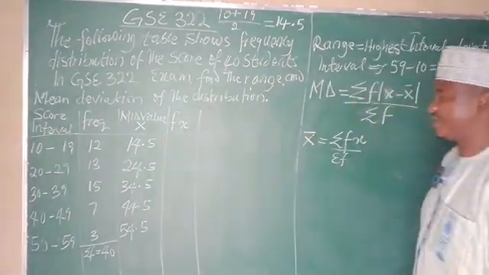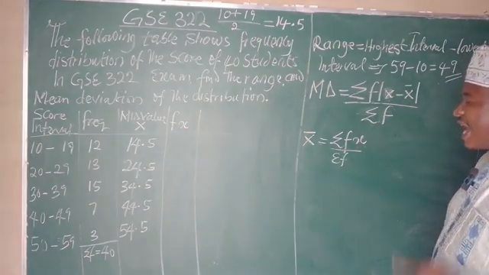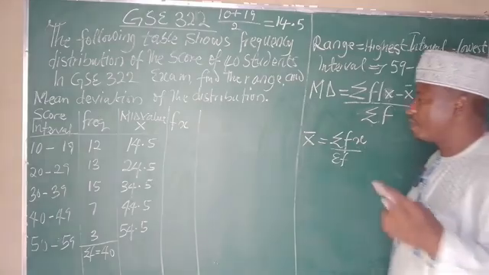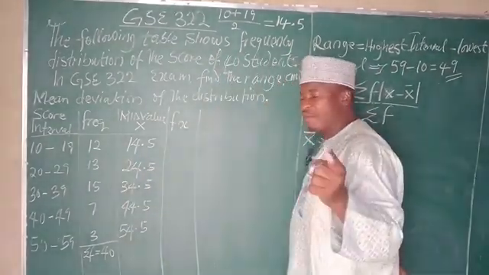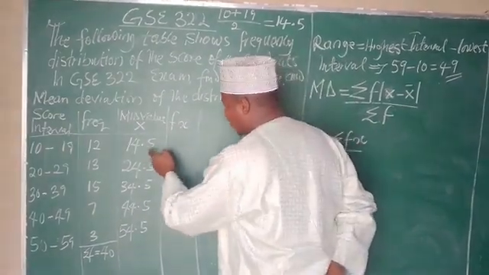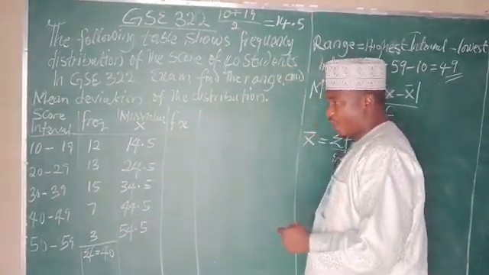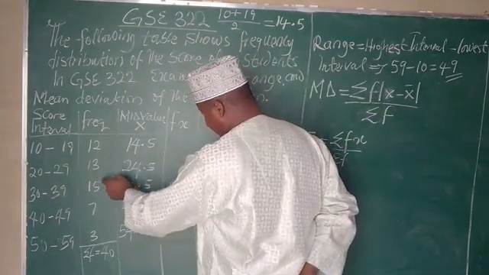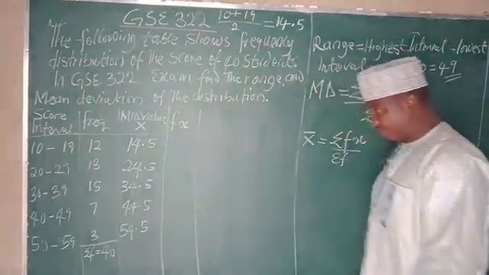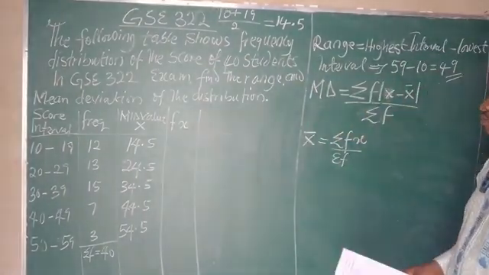What is fx? Fx means the value of f times the value of x of the first row. Then we go to the second row, the value of f times the value of x of the second row.